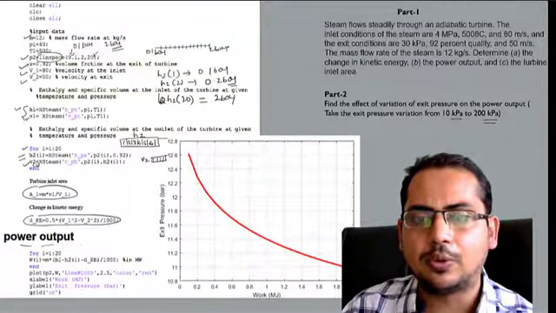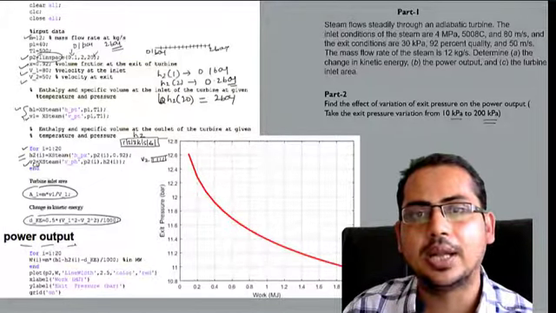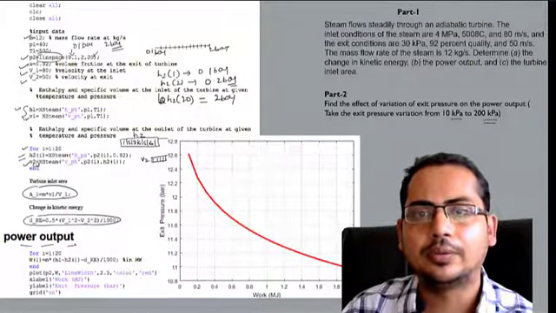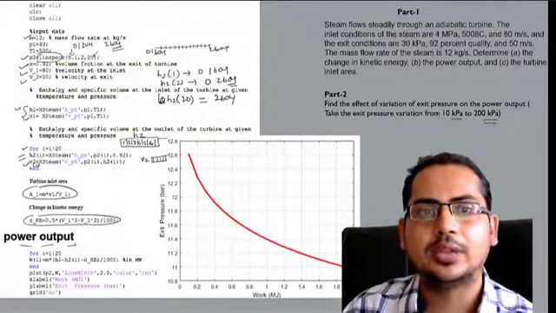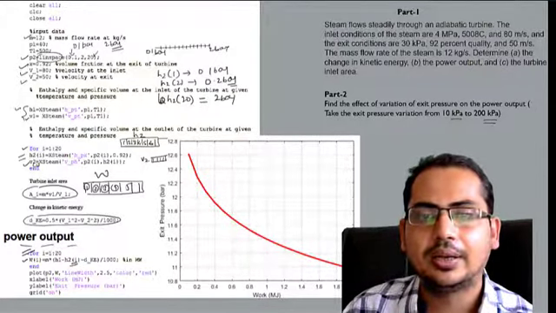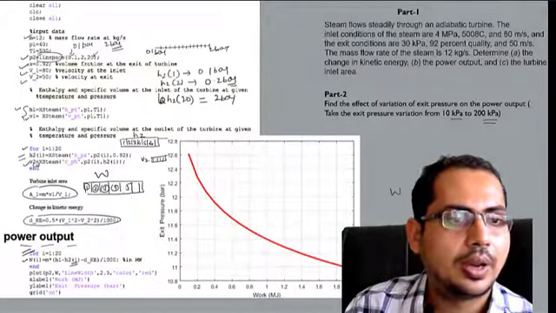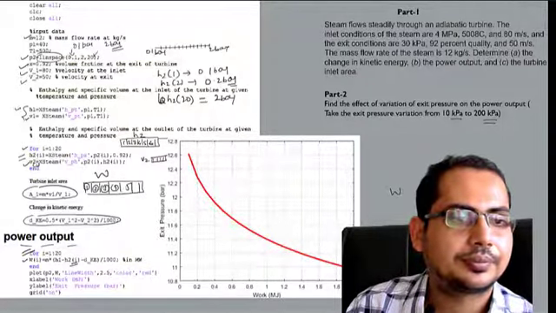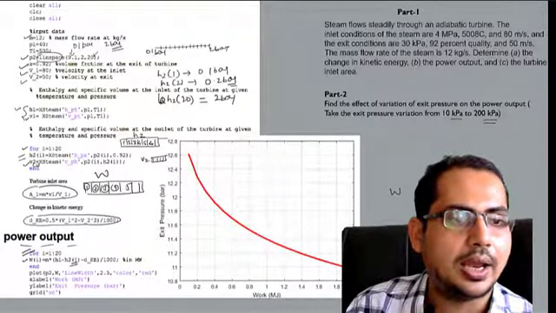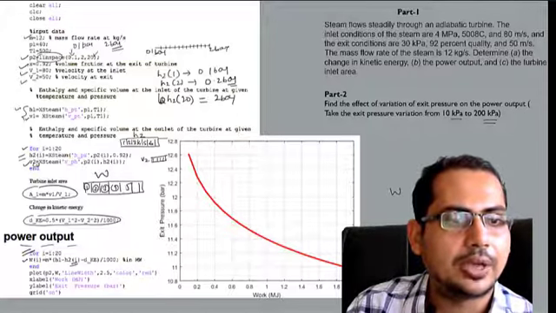So how do you calculate the power output? Power output is also different, because the pressure is different. P21 is 0.1 bar, P22 is 0.2 bar. So the power is also different. Now what is happening here? I am storing the W at different positions in the array, 1, 2, 3, 4, 5, like that, with respect to different pressure.